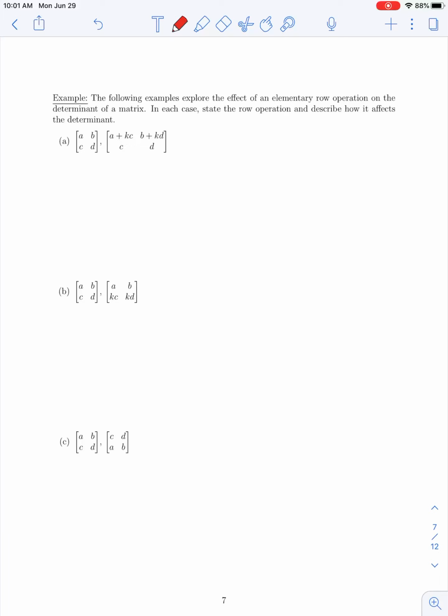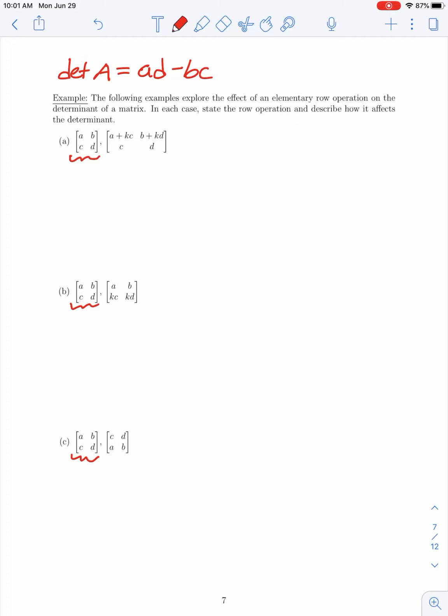So in each of these parts, we're starting with a matrix which is 2x2 of the form A, B, C, D. So recall that the determinant of such a matrix, let me call it A maybe, is A times D minus B times C. So we want to see how a row operation on that matrix would affect the value of the determinant in each case.